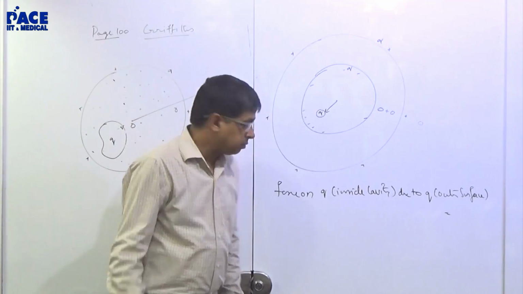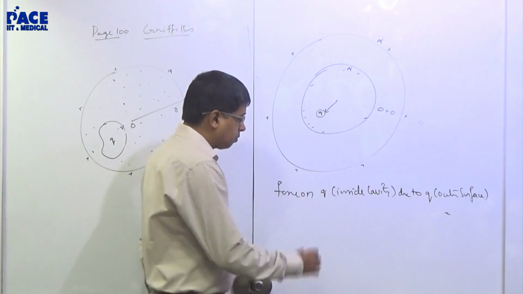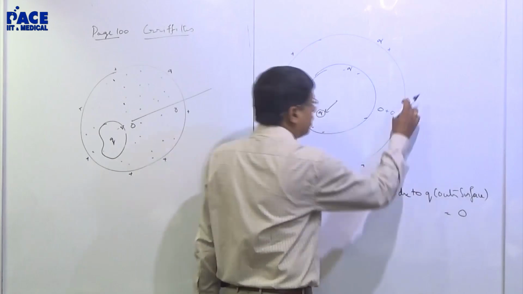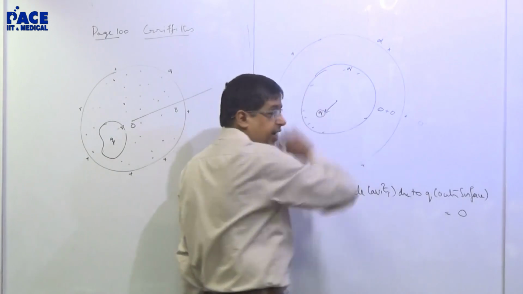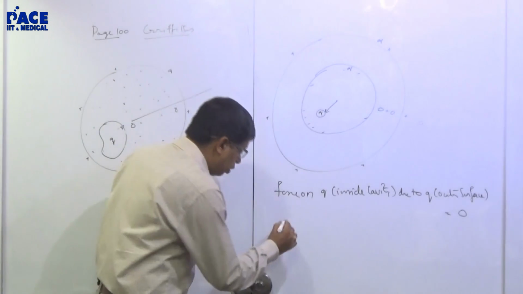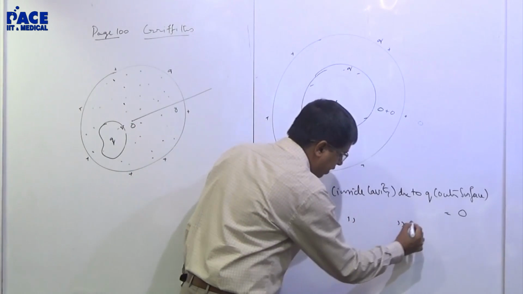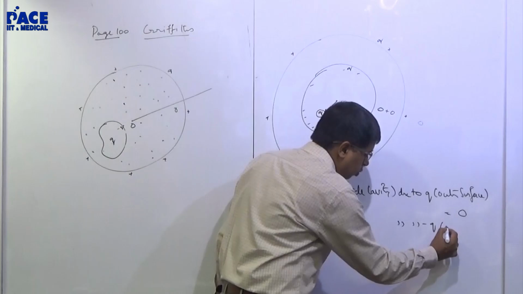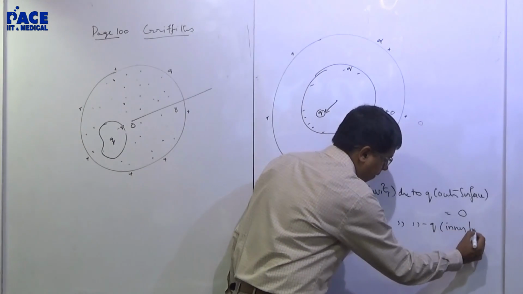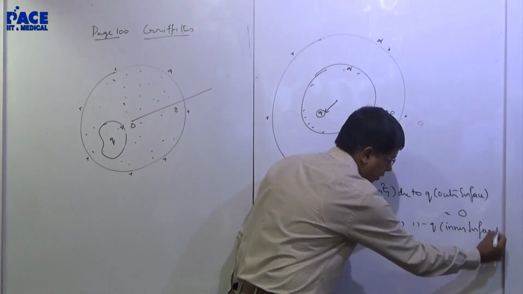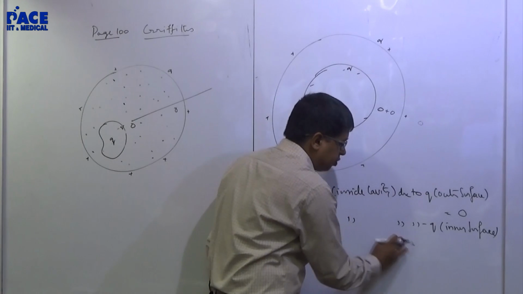It should be 0, right? Perfect, this is uniformly distributed. Now the million-dollar question: force on Q inside the cavity due to minus Q on the inner surface. Two options: 0 or non-zero.